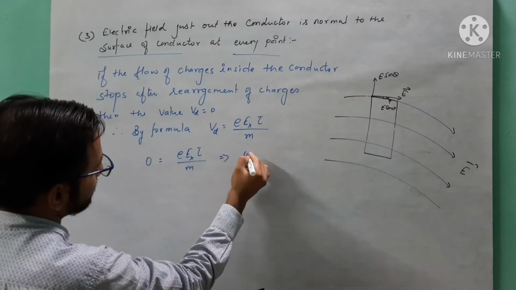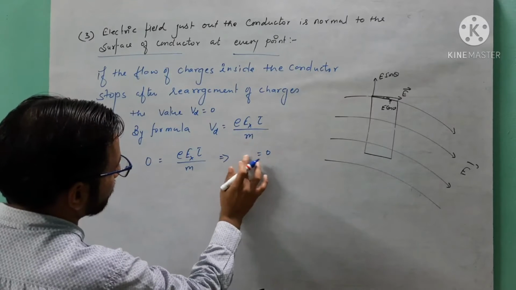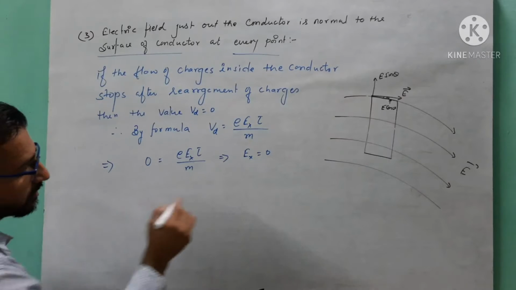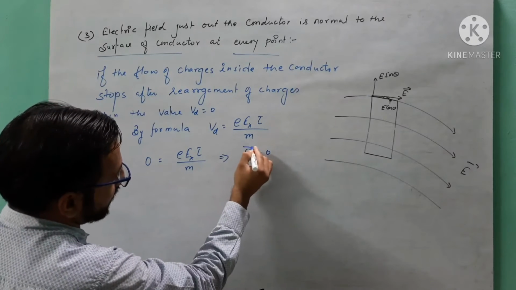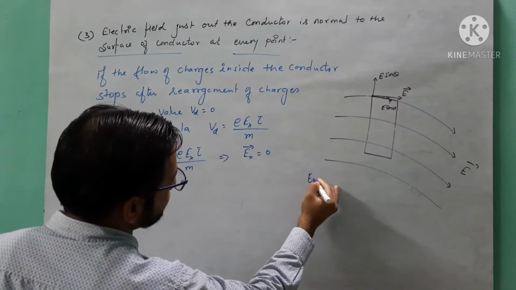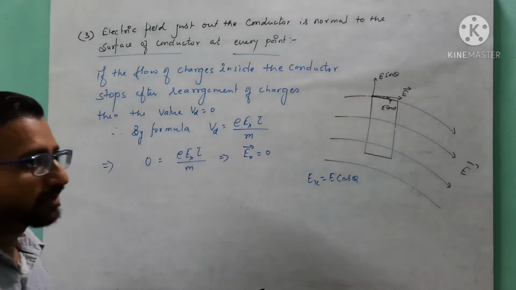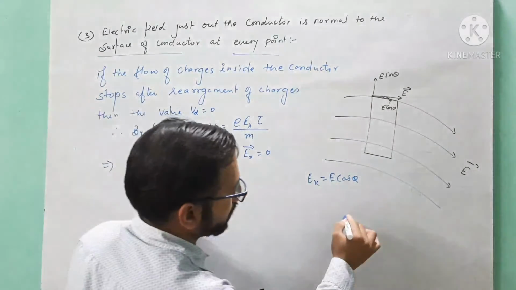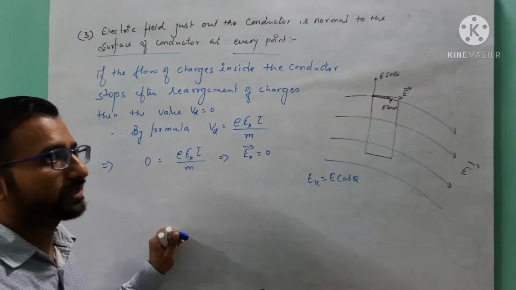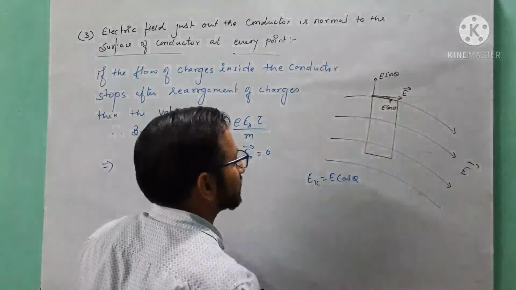It implies Eₓ equals 0, which means the component of electric field Eₓ is equal to 0, and this Eₓ means E cos theta. Then how will we get it? You can draw a tangent on the surface to show the direction of the electric field crossing the field line like that.